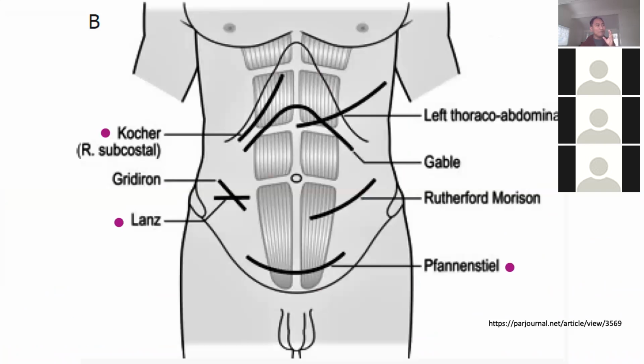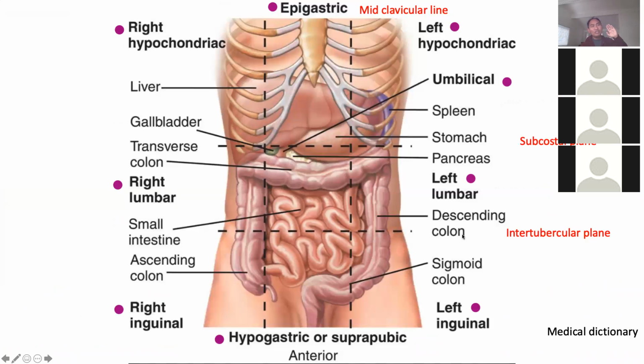So if we look at the abdomen, why is it important? Because for palpation, when we examine the abdomen, that is where we put our hands on somebody. In this region, we know what is underneath our hand. If we put our hands in this region, we are trying to feel the cecum and the appendix.